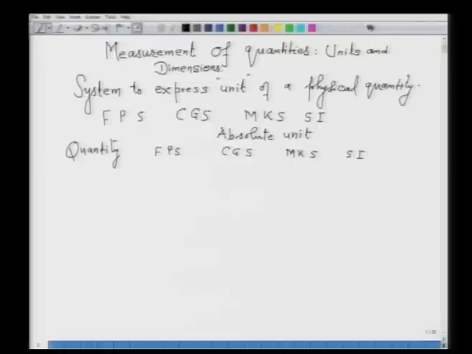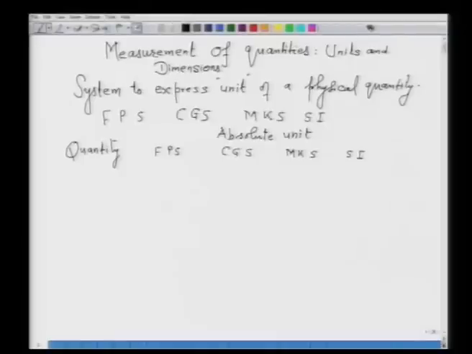One is the fundamental unit, that is, fundamental units are those units from where the units of other physical quantities can be derived, and second are the derived units, that is, utilizing the fundamental units one can derive the units of other physical quantities. So, what I am going to write in this particular table is the fundamental units in all these 4 systems.